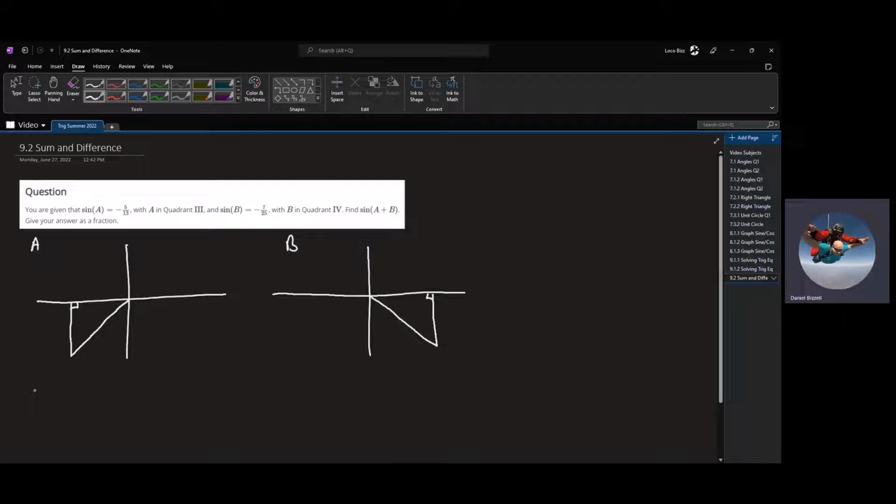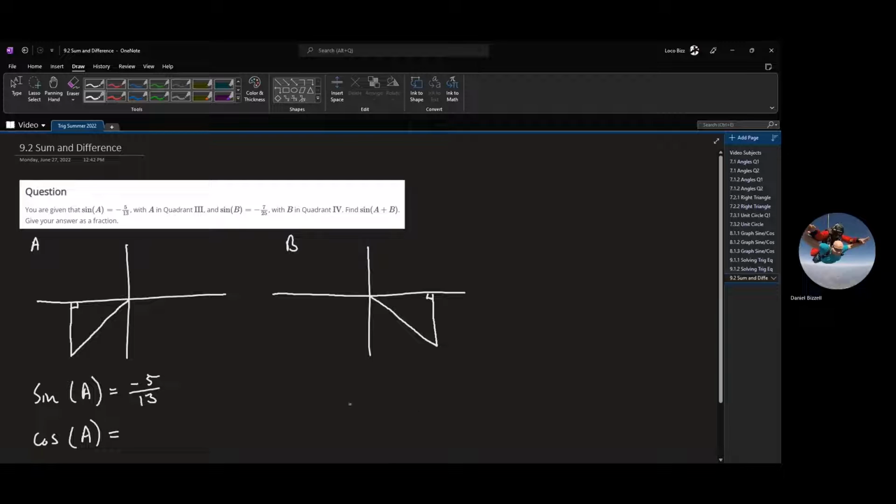Okay, so after we've got our triangles drawn, it tells us that sine of A is equal to -5/13. So for this triangle, we'll need to figure out what cosine of A is equal to. And then over here, it tells us sine of B is equal to -7/25.